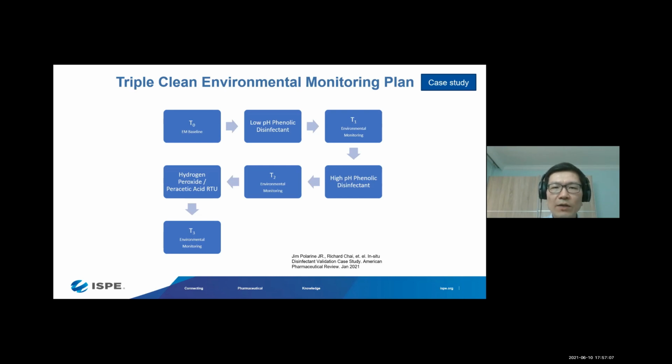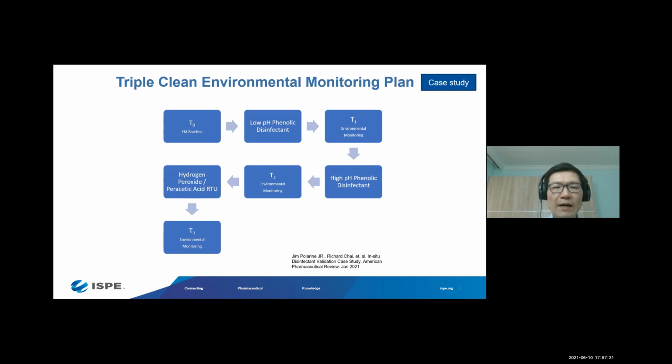After the application, you collect the EM monitoring data again. This is the T1 time point. After that, apply a high pH phenolic disinfectant on all the surfaces again in the clean room, including the fixtures. After that, you collect EM monitoring data under the T2 time point.